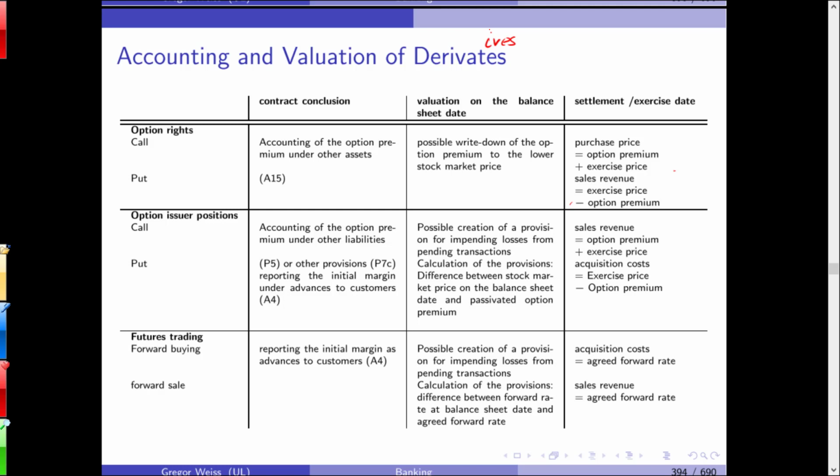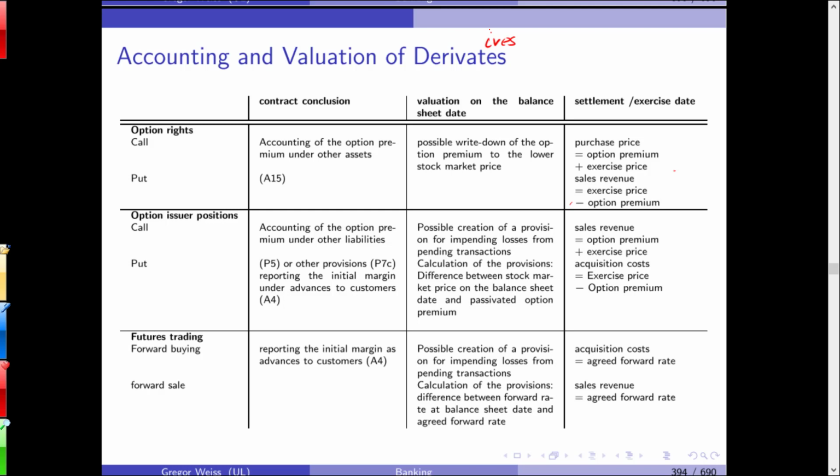So when you enter the contract, you have the accounting of the option premium under other assets. That is, for a put, it's A15 as an asset. You have possible write-offs of the option premium to the lower stock market price if the option has decreased in value.